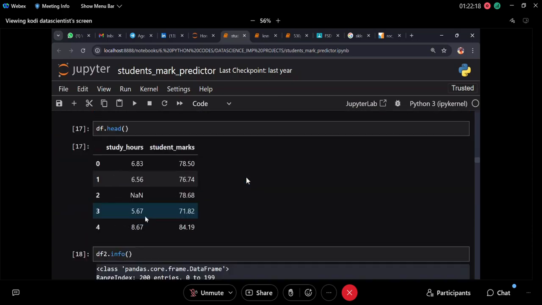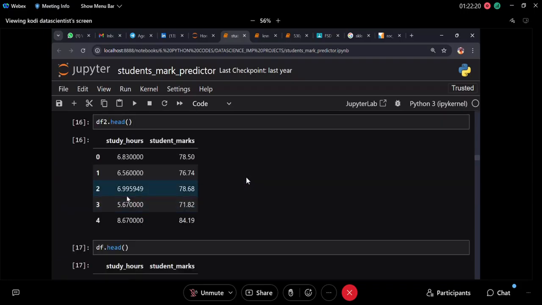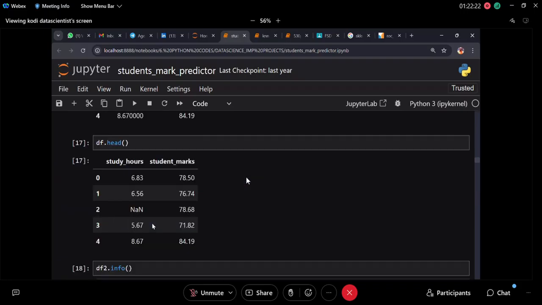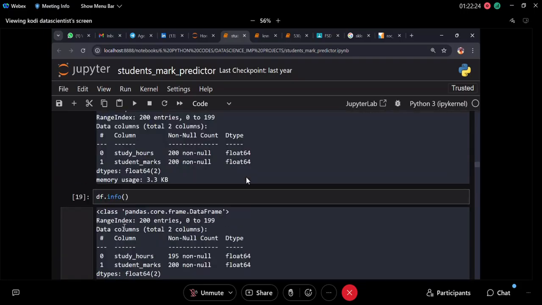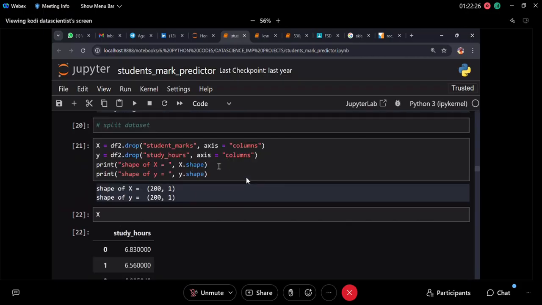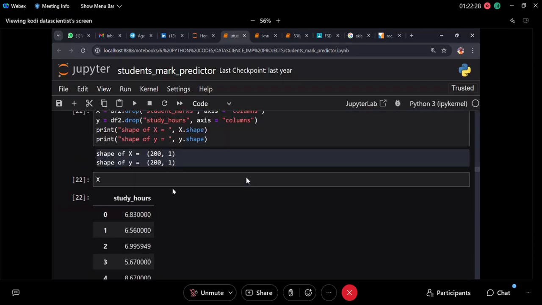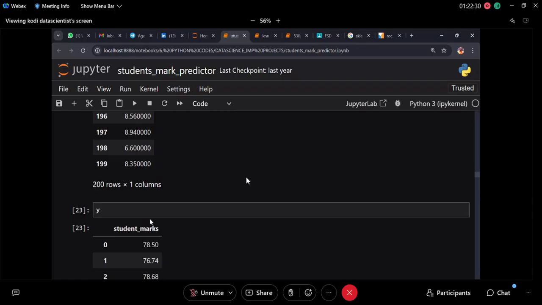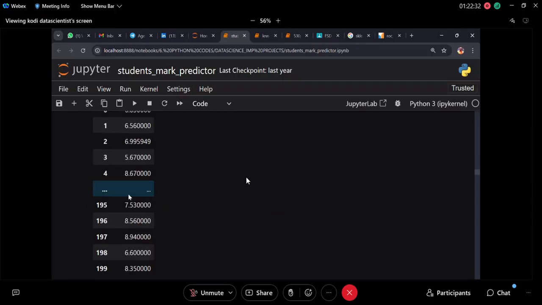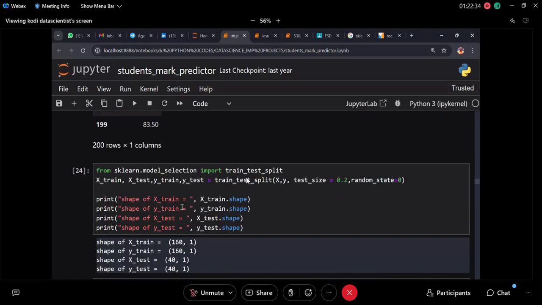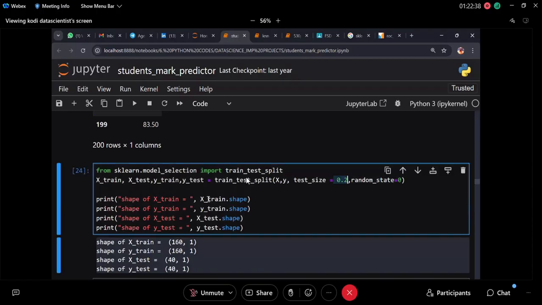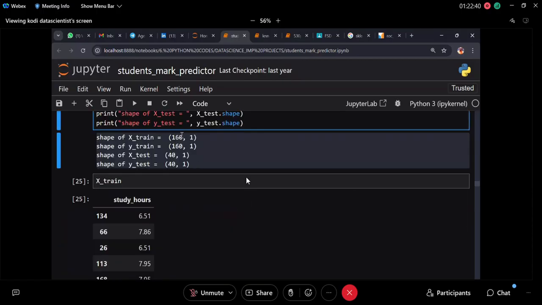After that, see, df2 has no missing values anymore. Info, and we split with train test split, y is student marks and x is study hour. Train test split with 20% test size and random state 0. 160 records go for train and 40 records go for test.